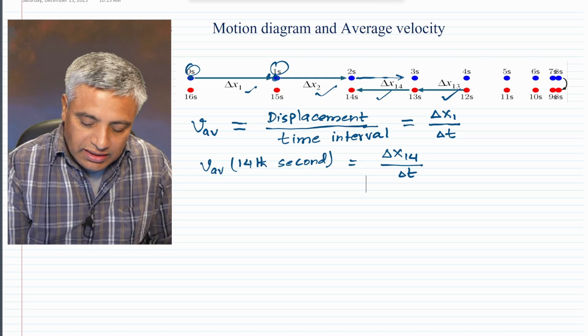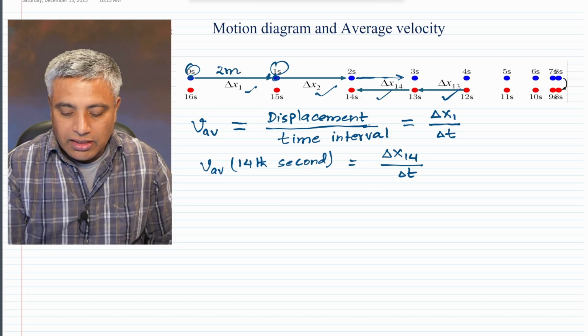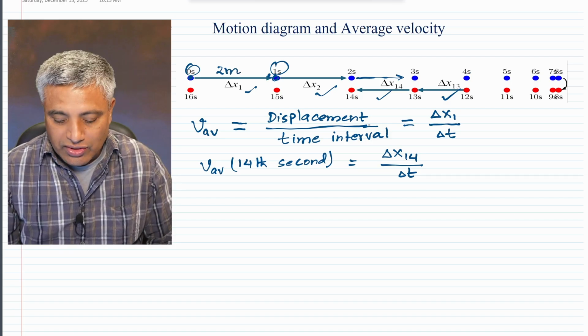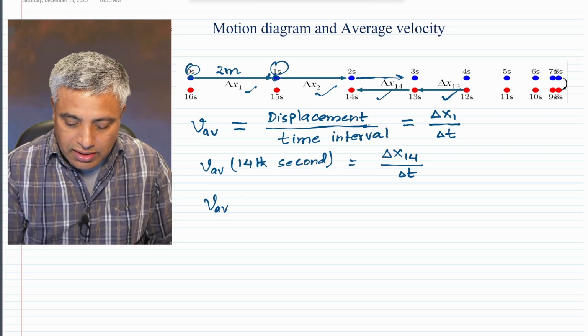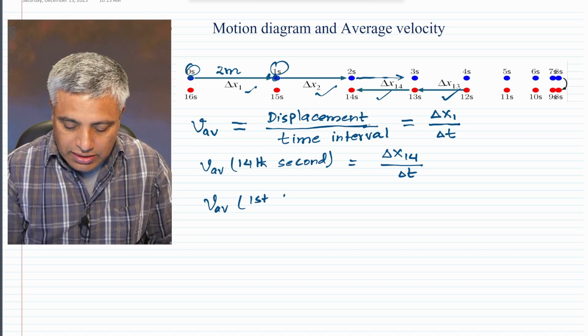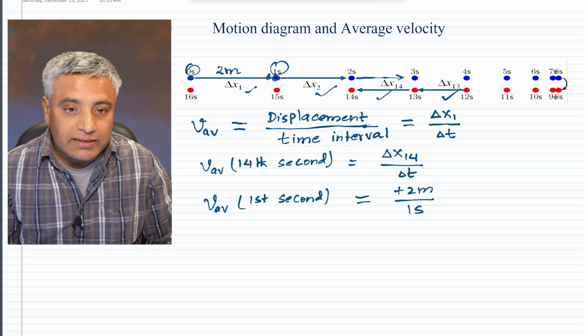For example, let's suppose in the first second, this object traveled 2 meters to the right. So that means I can write the average velocity in the first second as positive 2 meters divided by 1 second.